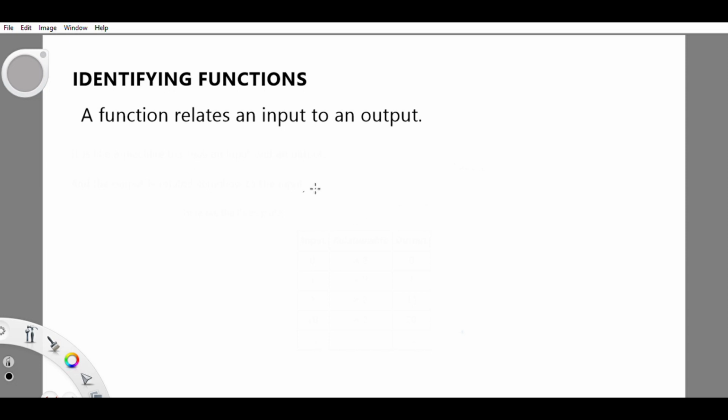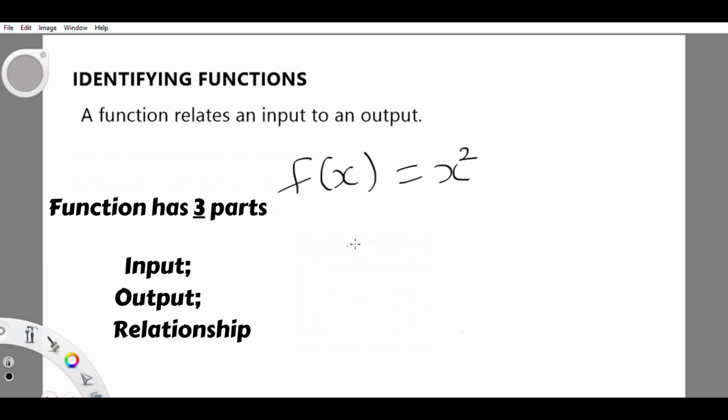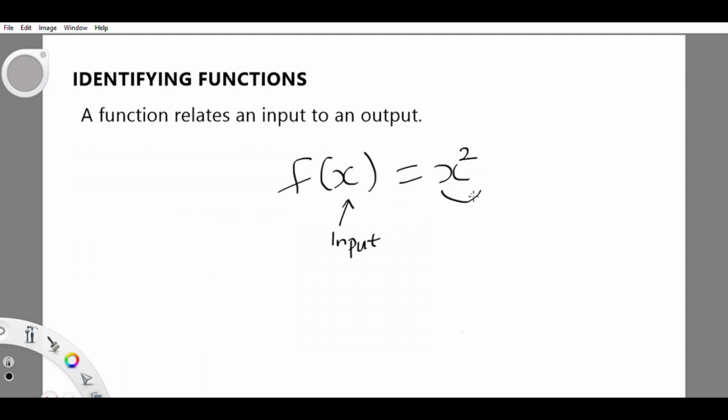A function is written in this form: f of x, for example, equal to x squared. So a function has three parts. It has input, which is x. X is the input. This is the output.